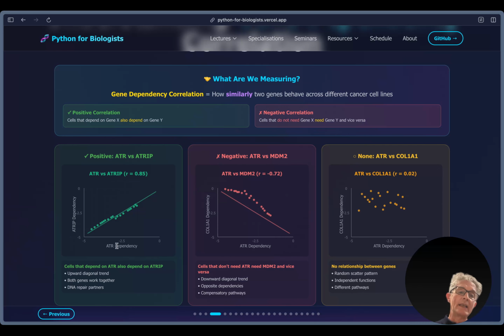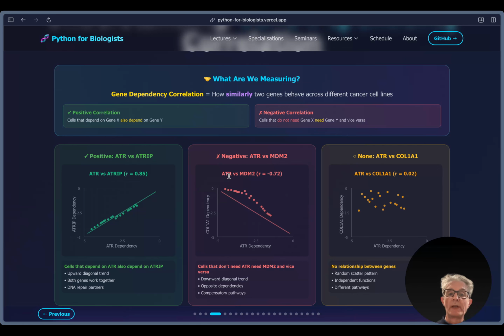If that's the case, we can conclude that these two genes must somehow be functionally related. And in the case of ATRP and ATR, they actually are in a complex together. So we know that already. But in this way, we can check all the 17,000 genes and find new genes that have a similar pattern, that fall into a linear correlation in their gene dependencies.